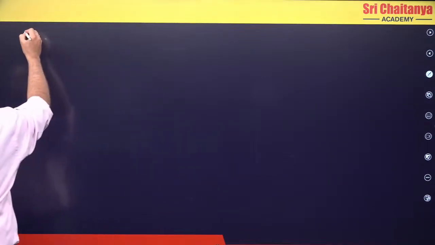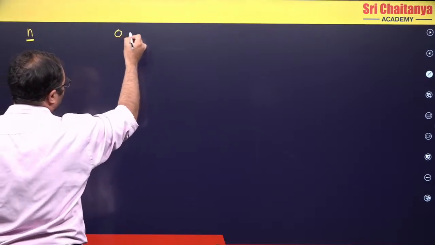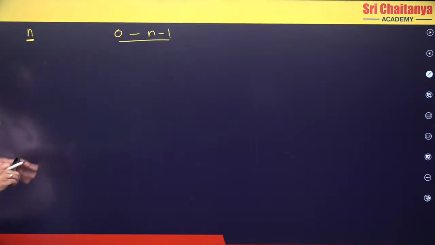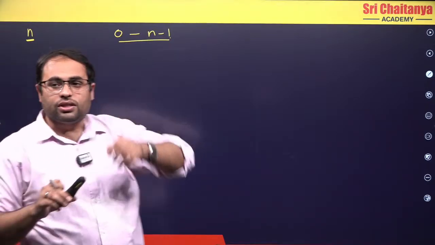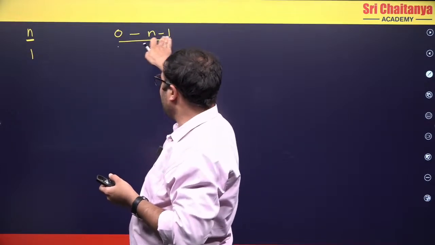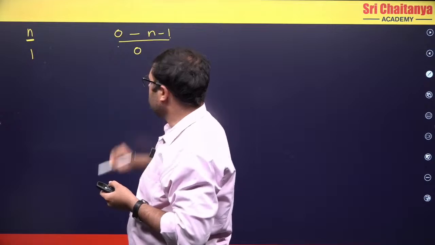Remember, here I am putting the value of n, and L can range from 0 to n minus 1. So if the n value is 1, then 1 minus 1 is 0, so L can be only 0, right?